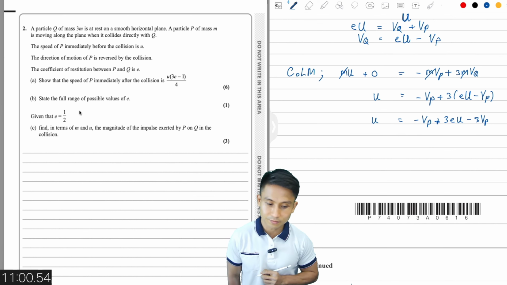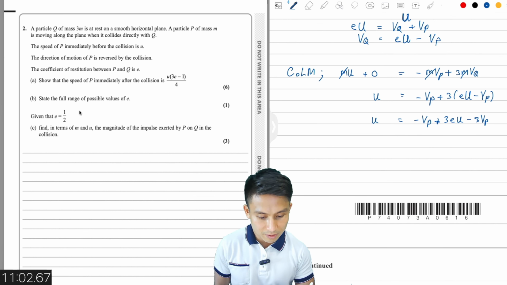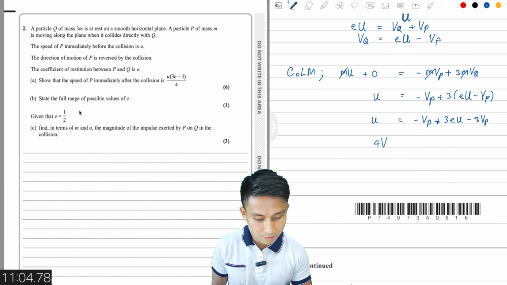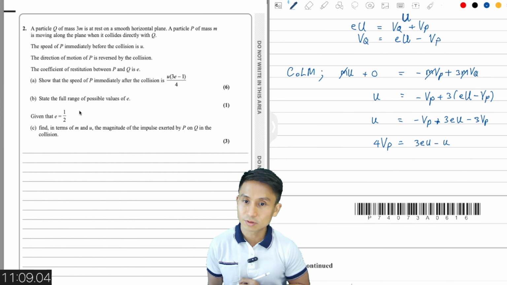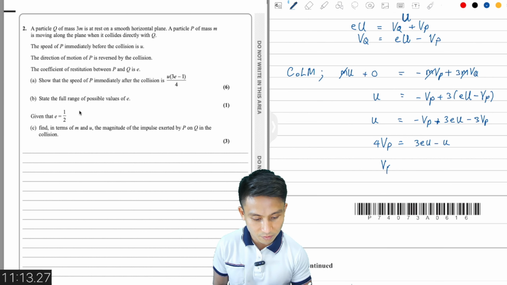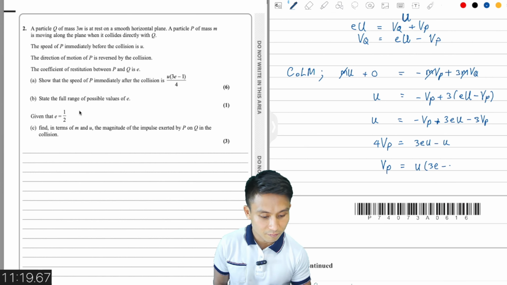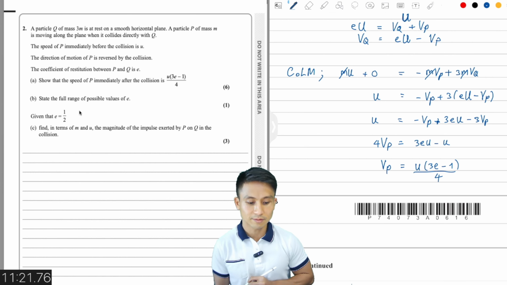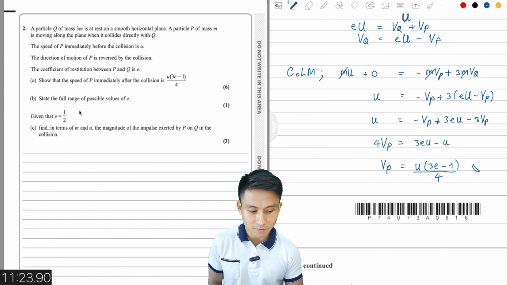So making vp the subject, we would get 4vp on the left, 3eu minus u. Okay, and as you can see, if we factorize, we should get what they want there. So vp equals u(3e minus 1) over 4. I'm just going to write what they have there because we can factorize to that, and that is as required, yeah?